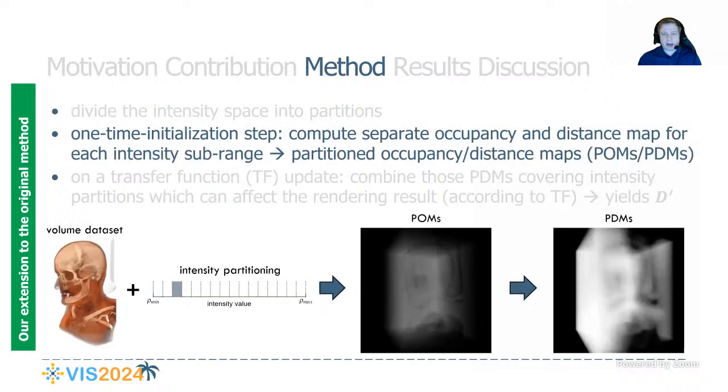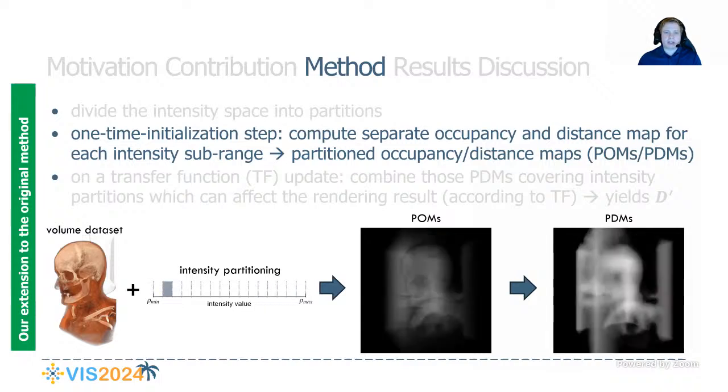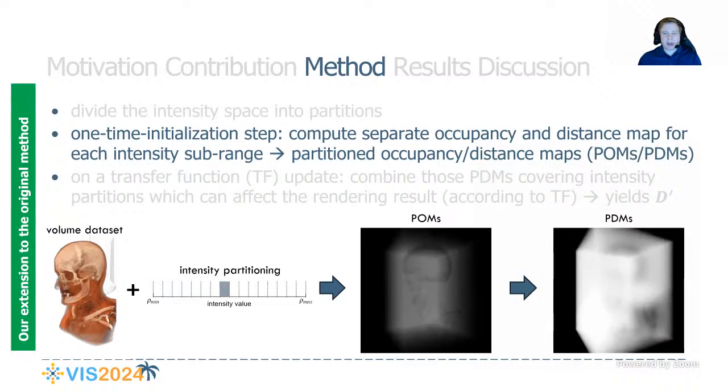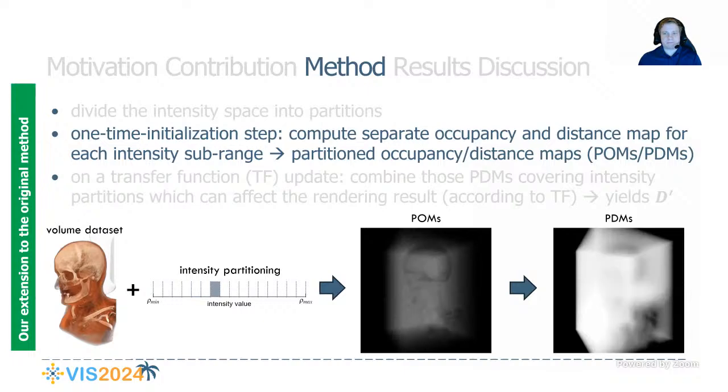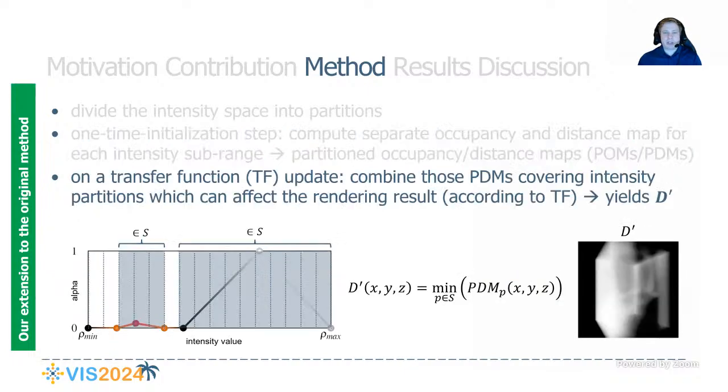We have a one-time initialization step where we compute a separate occupancy map and a separate distance map for each intensity subrange. We call these maps the partitioned occupancy maps and the partitioned distance maps, the POMs and PDMs. The only thing we need to do when we want to do a transfer function update is to combine those PDMs covering intensity partitions which can affect the rendering result according to the transfer function.